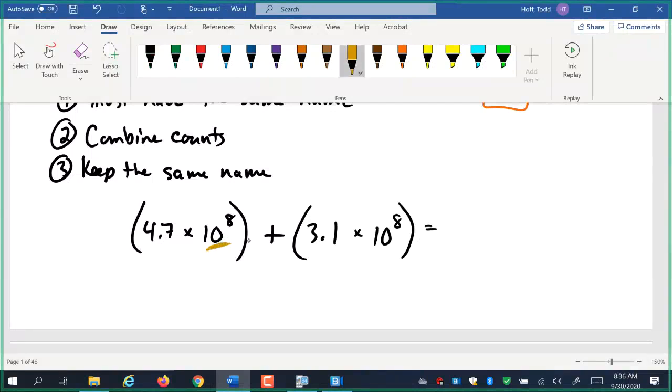First thing we need to check, these do have the same name. They're both 10 to the 8th. Now we can combine the counts. 4.7 plus 3.1 is 7.8. And then we keep the same name, times 10 to the 8th.